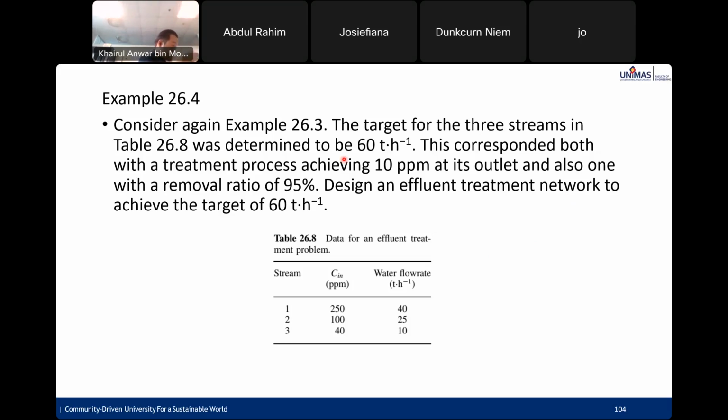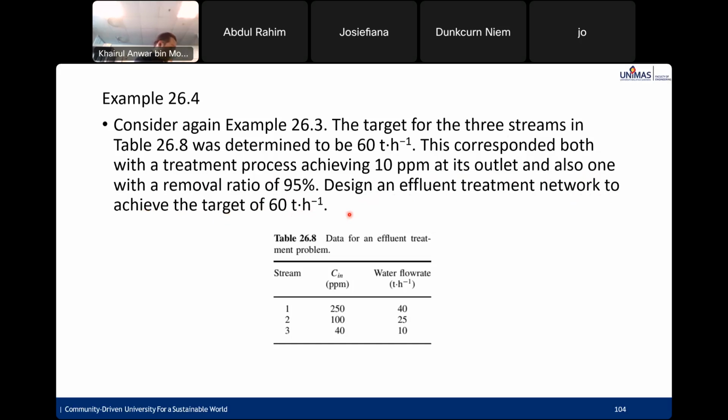This corresponded both with a treatment process achieving 10 ppm at its outlet, and one with a removal ratio of 95%. Design an effluent treatment network to achieve the target of 60 ton per hour.